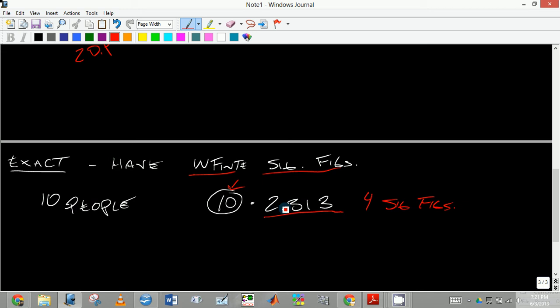So this number, when we calculate it, this infinite number of sig figs here doesn't limit it in our calculation. So basically, we're going to have 4 sig figs in our calculation. Okay, these have an infinite number of sig figs.